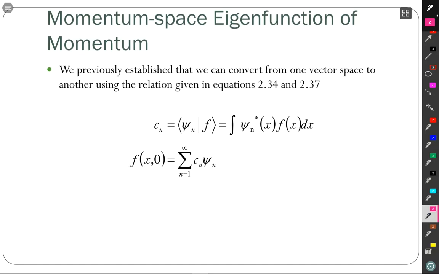And so this here is that statement that any function f of x, where that 0 means at time 0 because we're taking the time independent, is equal to the sum over all of my eigenstates times some constant, where that constant is found by the equation shown above. So it's like, 0.3 psi 1 plus 0.1 psi 2 plus 0.4 psi 3 and so on. So we've already seen that.